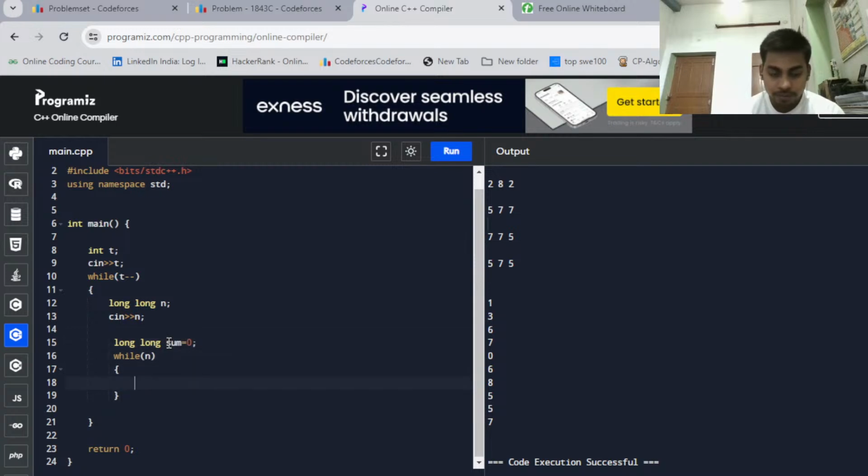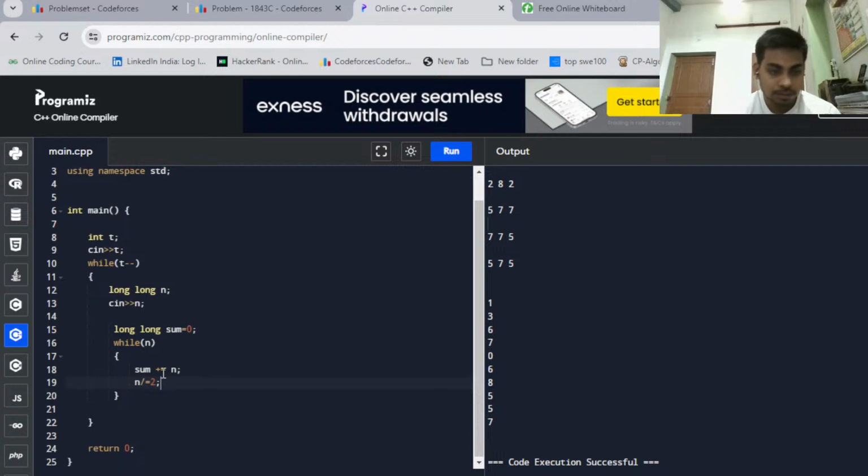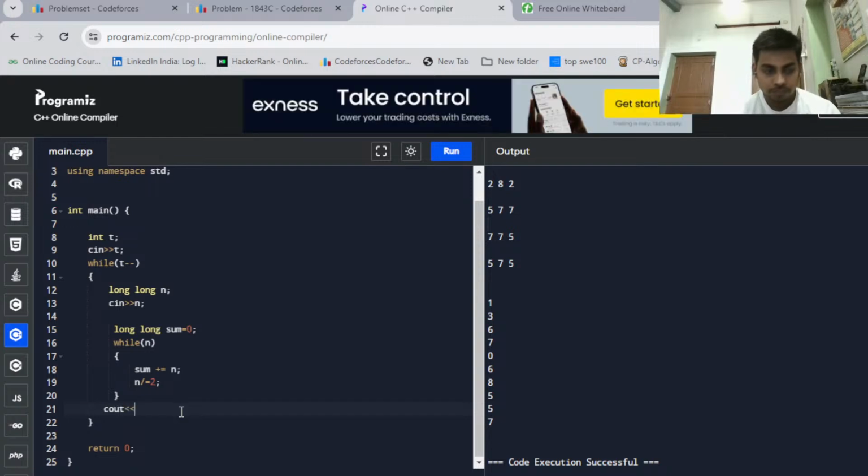So we add that number first: sum plus equals n, and then we divide n by 2 and so on. It will give the output, and we will print the sum.